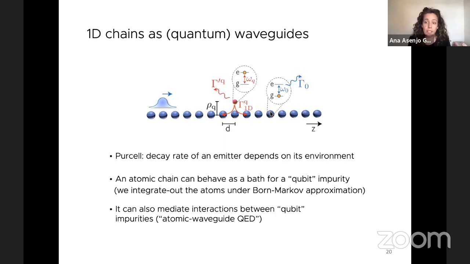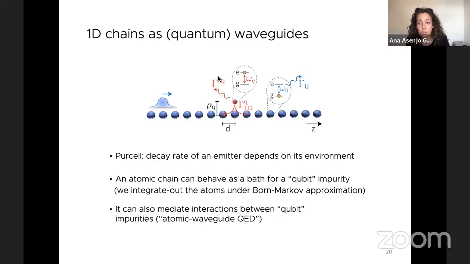Under the Born-Markov approximation, and I'm happy in the questions to discuss when this is doable, we can integrate out this atomic array. This is going to lead to a modified emission rate of the impurity qubit, which can now decay and the photon can propagate as a polariton in the chain, or it can radiate the photon away at a rate that is slightly modified from the vacuum emission rate because of the presence of the chain.